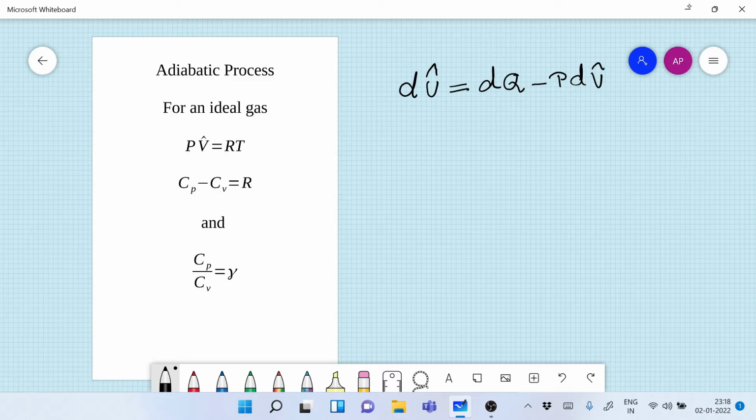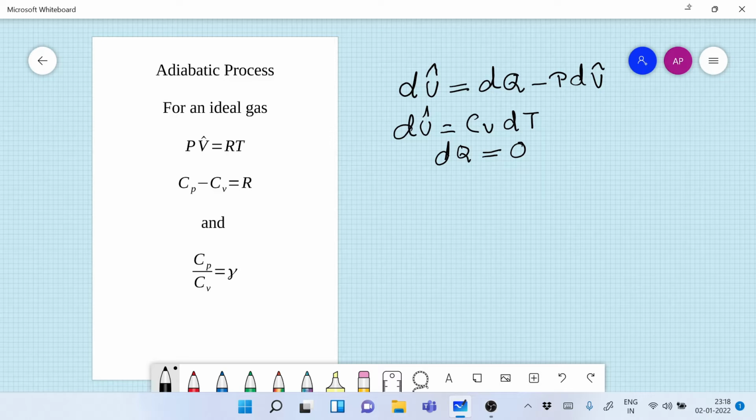Now, we do know that for any process, dU is equal to Cv into dT. And also for this process, that is an adiabatic process, dq is equal to 0.